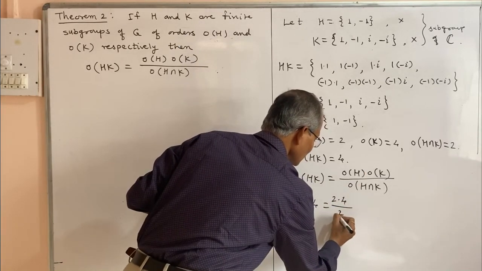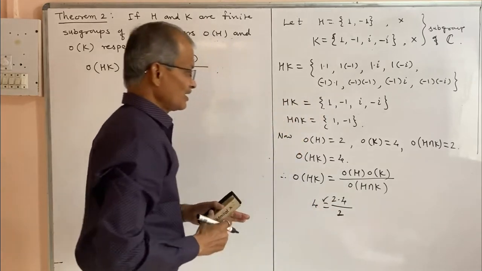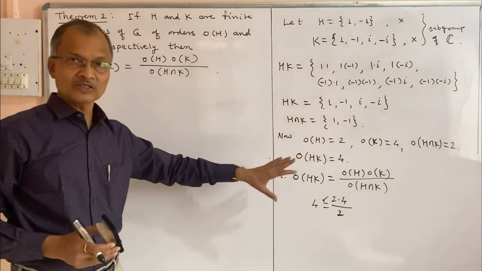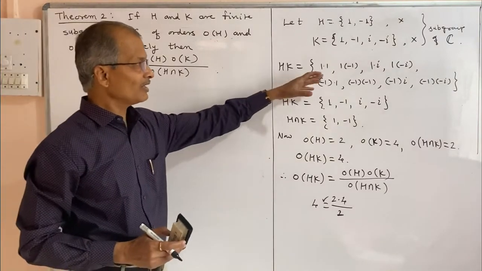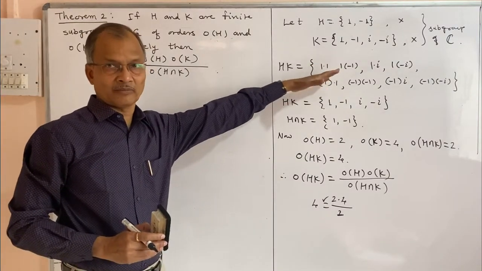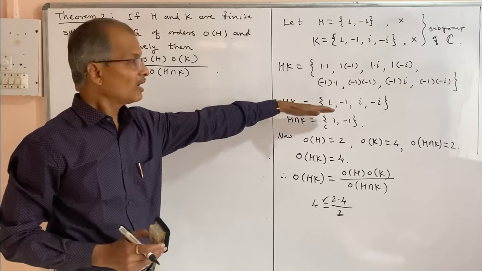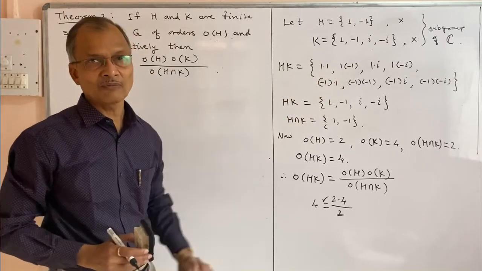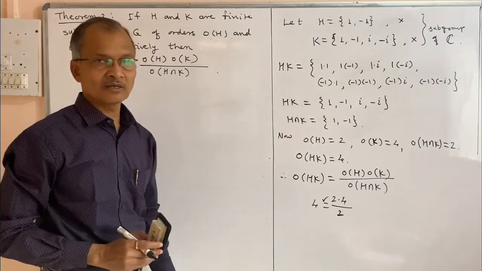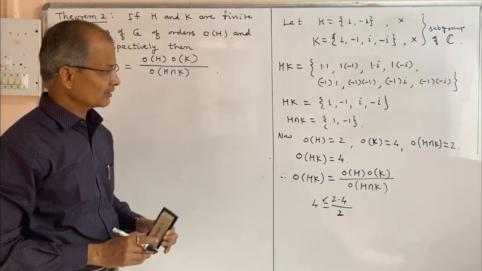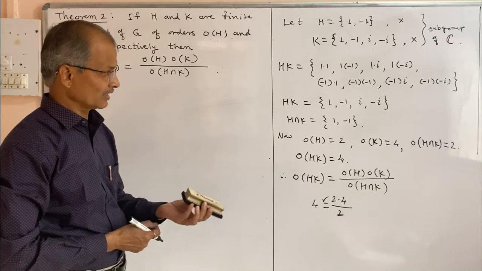And thus this is verified. So the theorem is verified, and this is the meaning of this theorem. The product may have some duplicate or repeated elements, and those repeated elements we have to delete and consider only the distinct elements in the set, and that counts the order of the set.